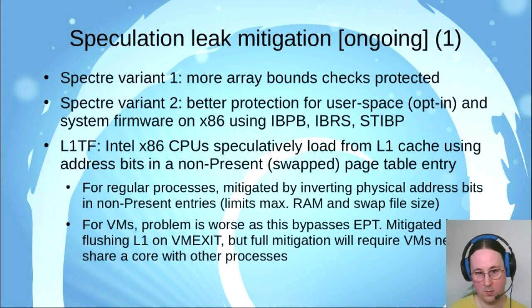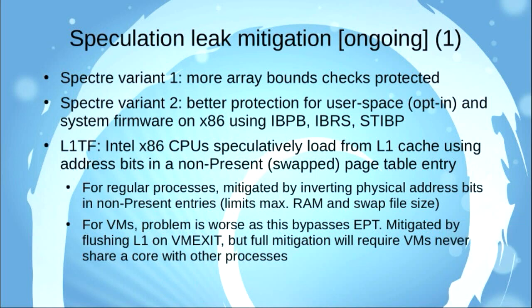So I talked last year about the speculation leaks, including Meltdown and Spectre. In the past year, even more of these vulnerabilities have been announced. The mitigations for Spectre have also been extended.